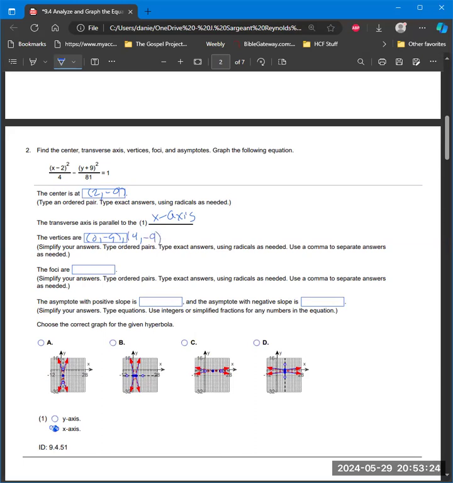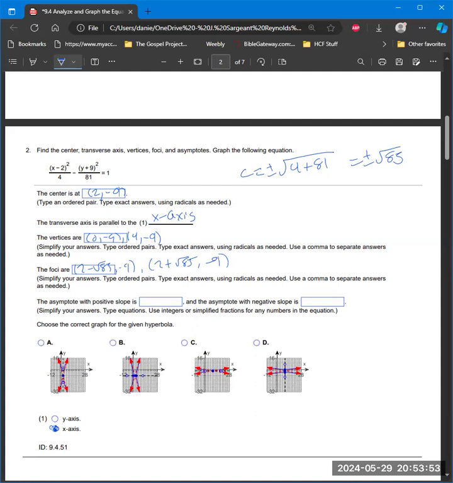And then c is going to be plus or minus the square root of 4 plus 81, the square root of 85. So we're going to have (2 - √85, -9) and (2 + √85, -9).